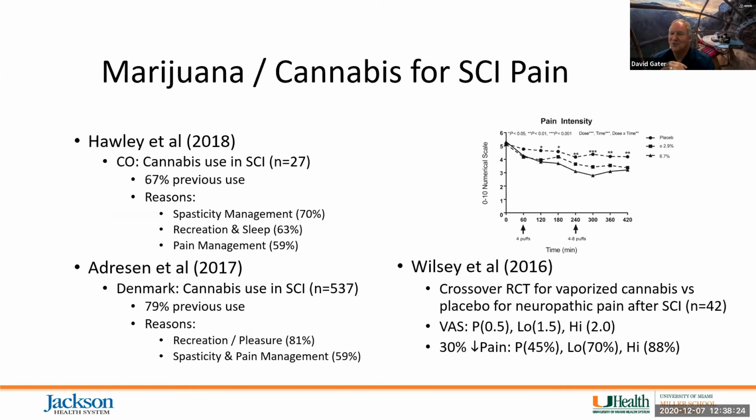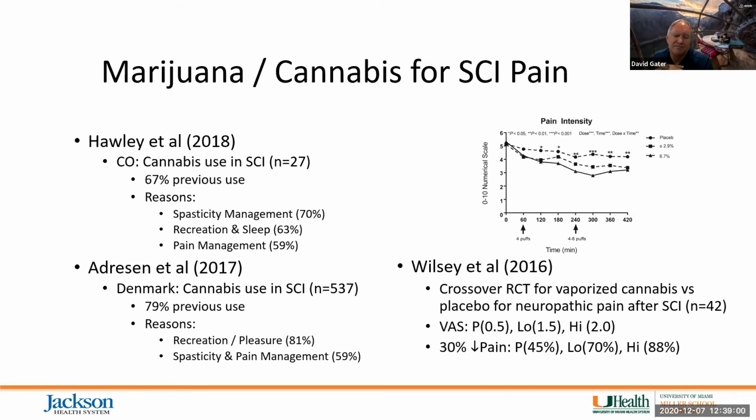I had folks who had stopped using baclofen, stopped using other options because they were simply managing their spasticity with marijuana. California at the time was a little wild, but not quite at that point where it was legal. Nonetheless, when it has been legalized, a number of individuals have also reported using it for recreation as well as sleep and pain management.